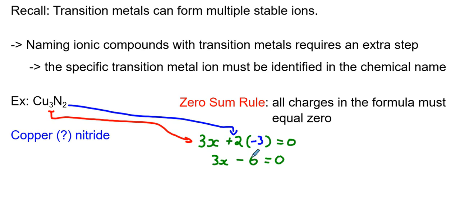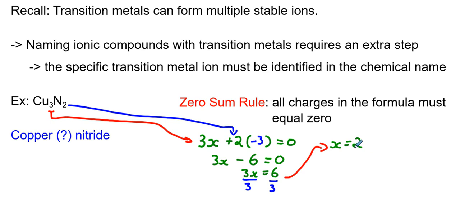I can move this across the equal sign, make it positive, so 3x equals 6. Then, to finish this off, I can divide both sides by 3. By doing that, I will get that x equals 6 divided by 3, which is 2.